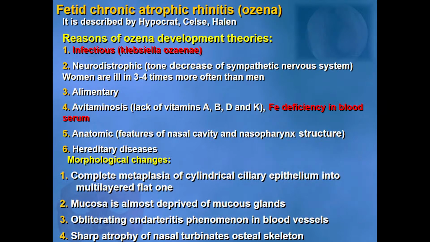And the more aggressive form of atrophic rhinitis is so-called fetid chronic atrophic rhinitis, ozena. There are some theories of ozena development, but the main theory is infectious, and in most cases of ozena, bacteria such as Klebsiella ozaenae can be found.